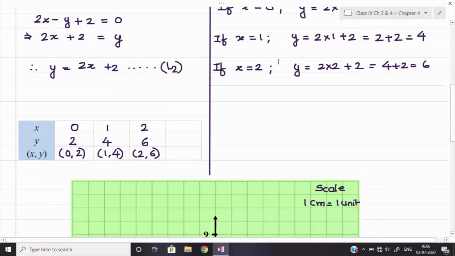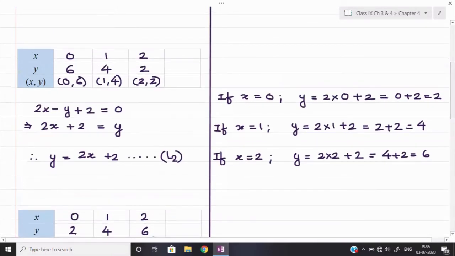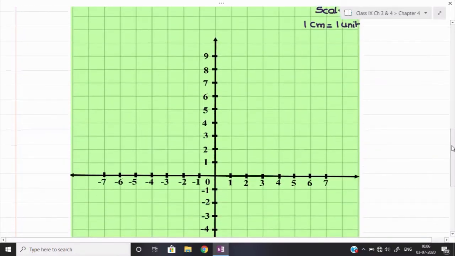Okay. Now here first you see the first line, or the first equation. What are the points? 0, 6, 1, 4 and 2, 2. So let us plot them. 0, 6. So x equal to 0. Here I will say this is my x axis, and this will be my y axis.